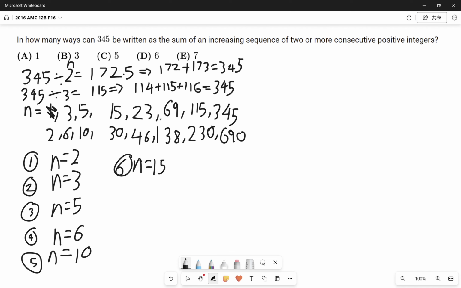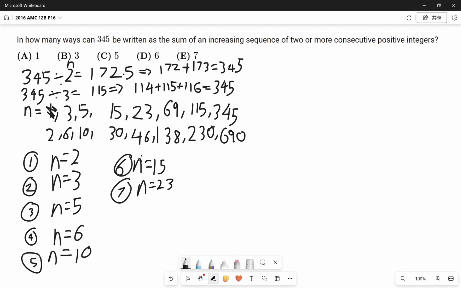So what about when n equals 15? When n equals 15, 345 divided by 15 is 23. So that's an integer, and 23 is one of the numbers, it's the average. So you can take 7 numbers that are less than 23 and 7 numbers that are larger than 23, so that we have a 15 number consecutive sequence.